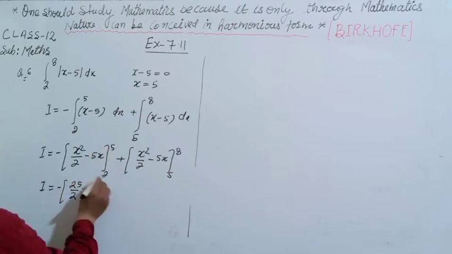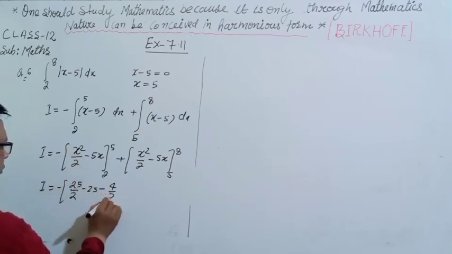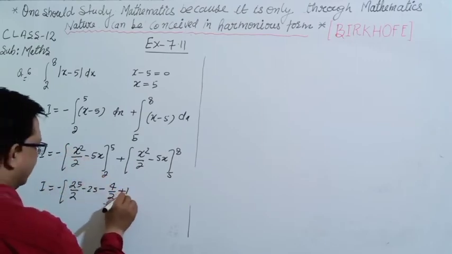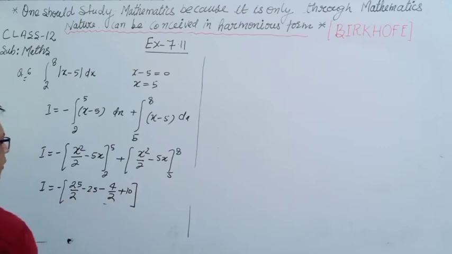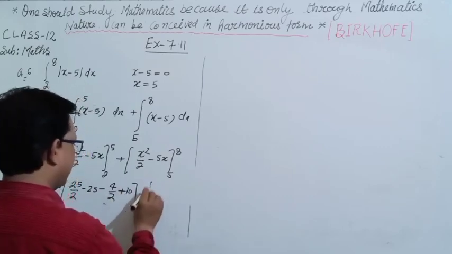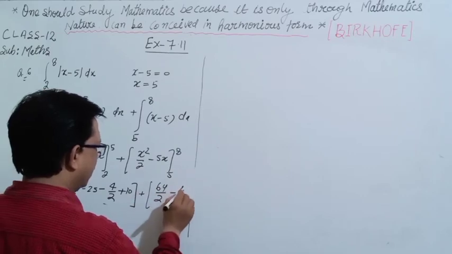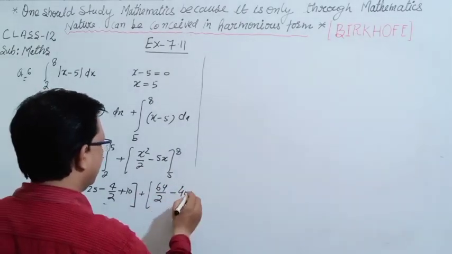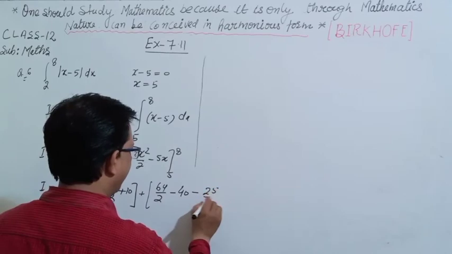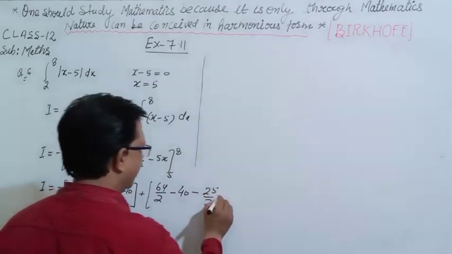Now apply the minus sign, put the lower limit: 4 by 2 minus 10. Now same here, this is 64 by 2 minus 40 minus 25 by 2 plus 25.